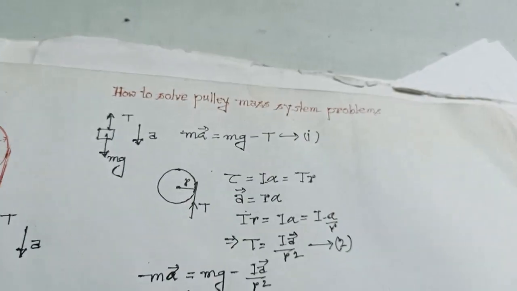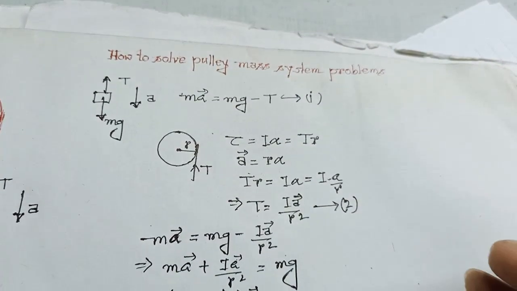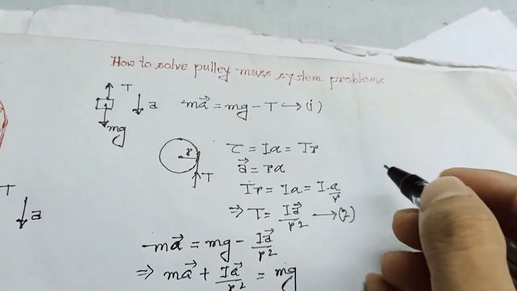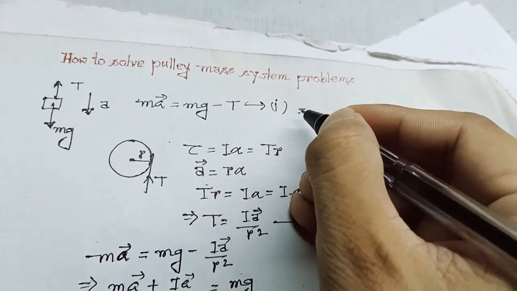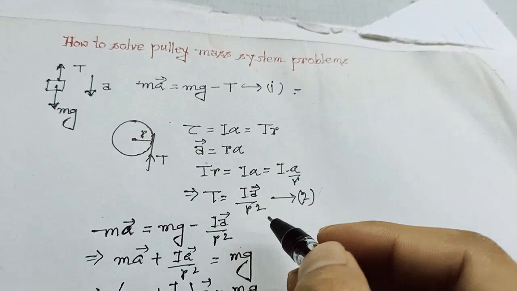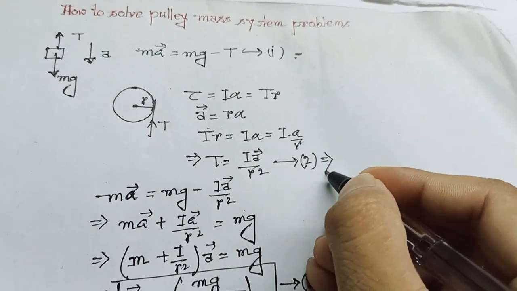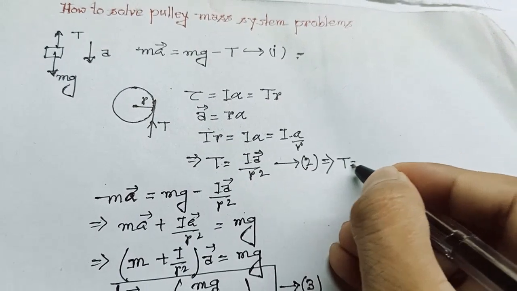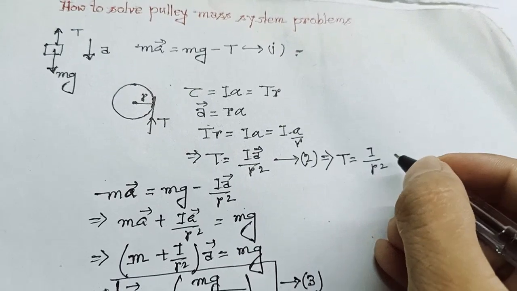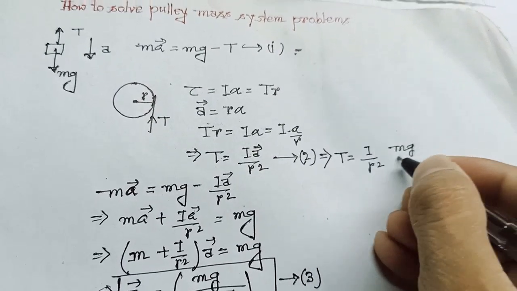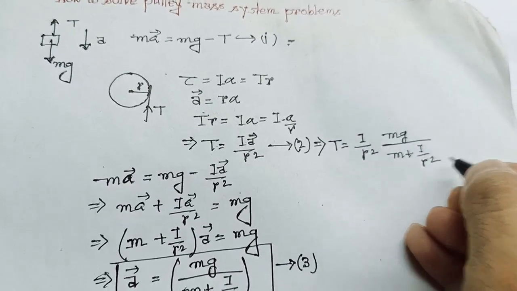For finding the tension, we will substitute the value of acceleration into our equation. From equation number 2, we get T equal to I divided by r square into a, where a is mg divided by m plus I divided by r square.